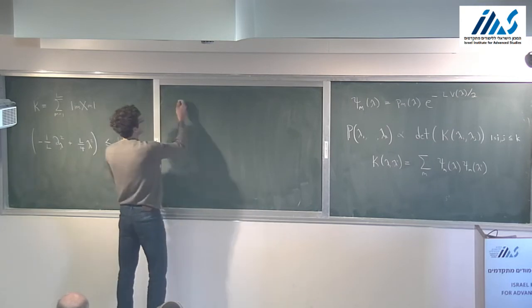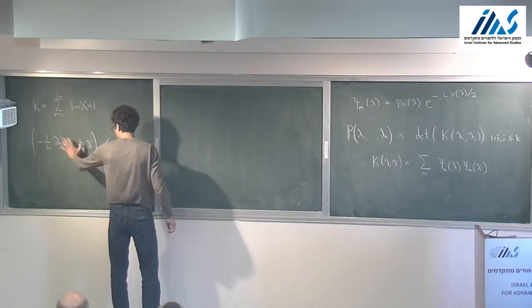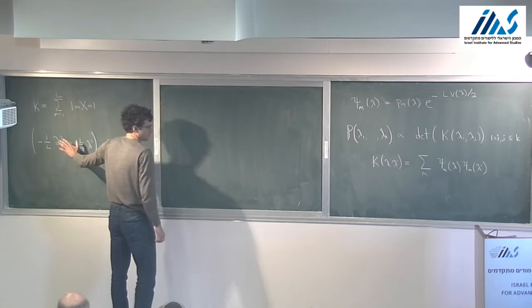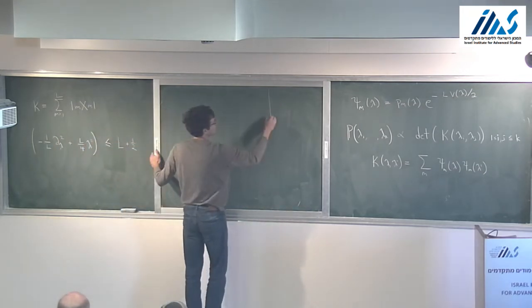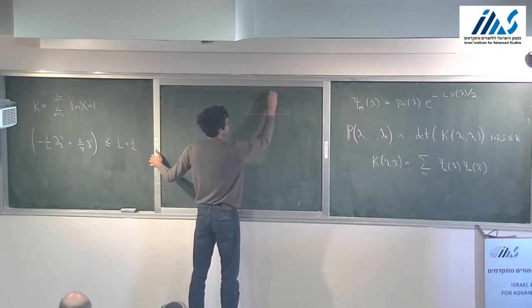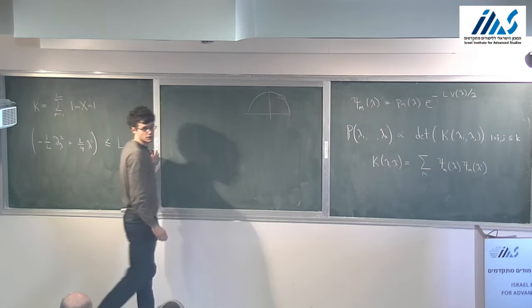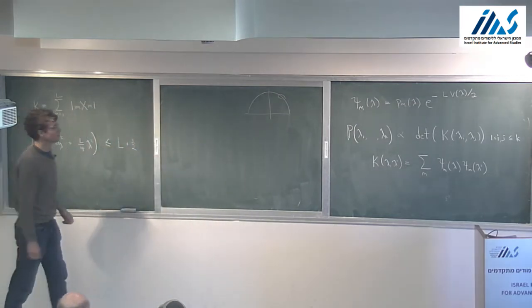Now, to get an actual expression, doing this exactly is hard. But we can do it when the eigenvalues lambda and lambda prime are close to each other, somewhere in the semicircle, and L is large.